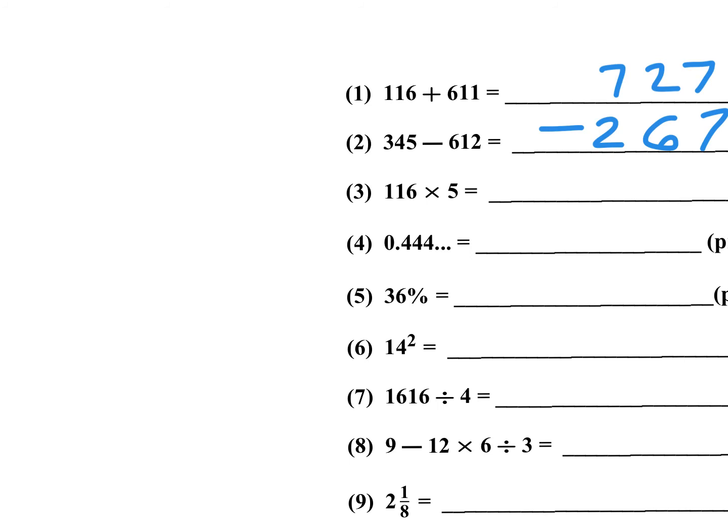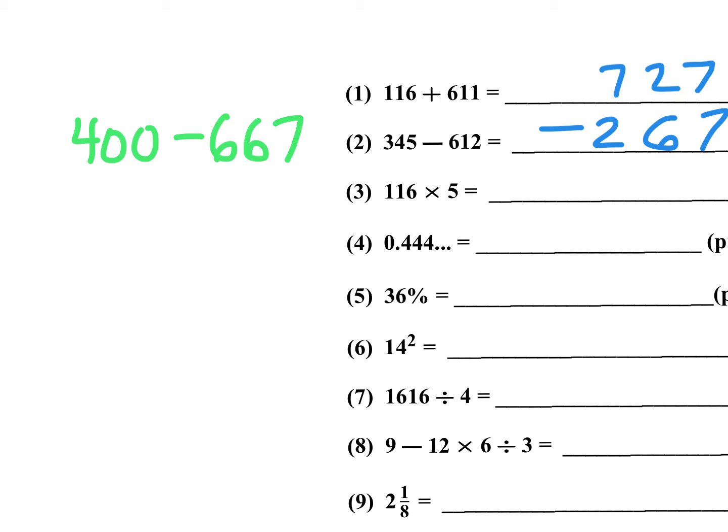Now off to the margin here, I'm going to show you a way that maybe if you don't like to borrow, I always say students shouldn't borrow because they don't repay. So maybe what we could do is add 55 to the 345 to make it 400. Add 55 to both. So 612 plus 55, you're going to have 667 minus the 400, that's negative 267.